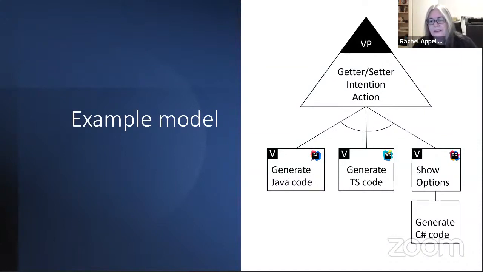But before it does that in Rider, it pops up a little dialog to give me extra options, such as, do I only want to do the getter or setter? And do I want to make it like the Lambda style or the classic style? Because we have a few more options in .NET. So that's a variation point in each one of these variants.